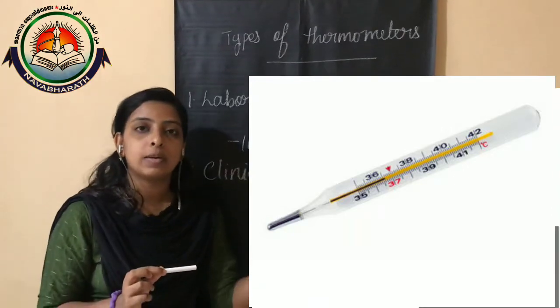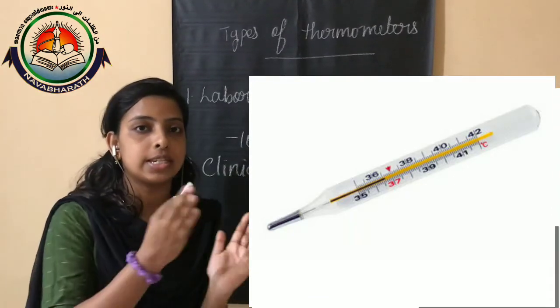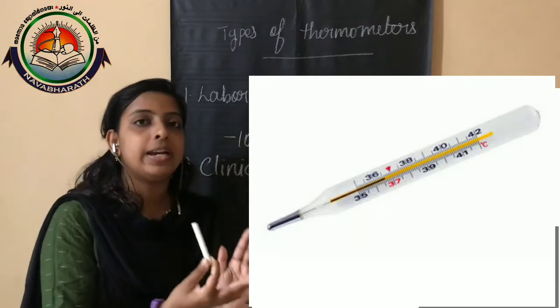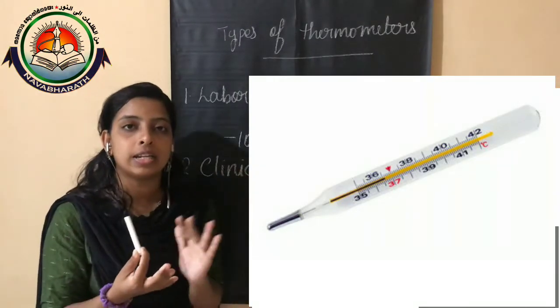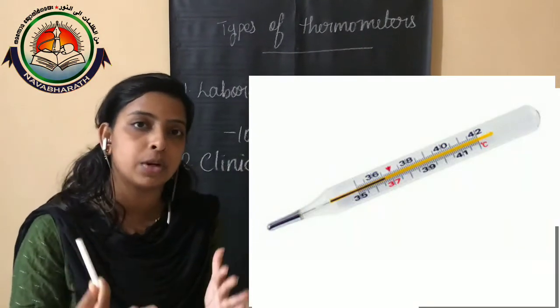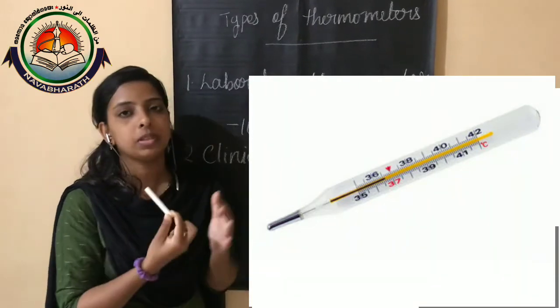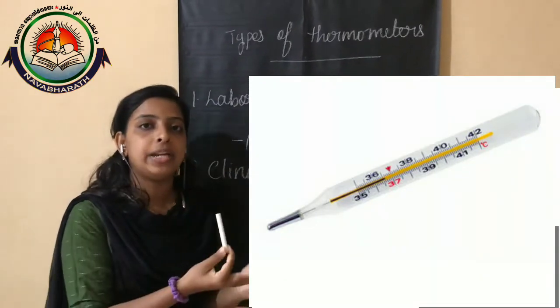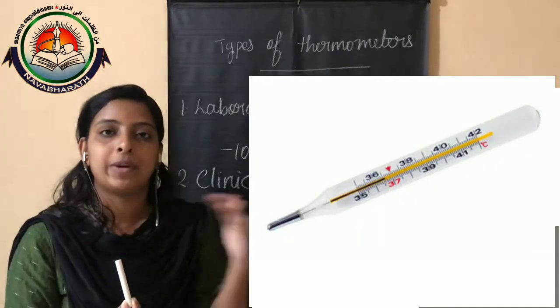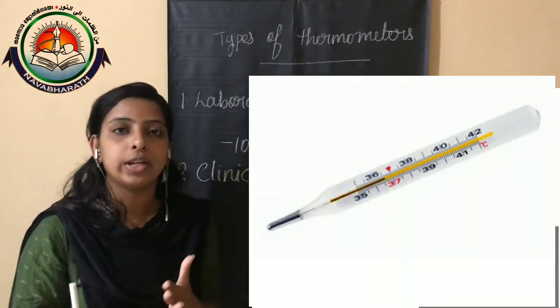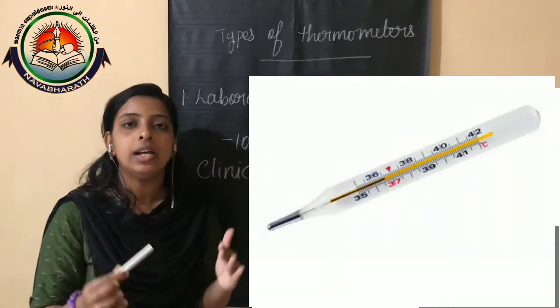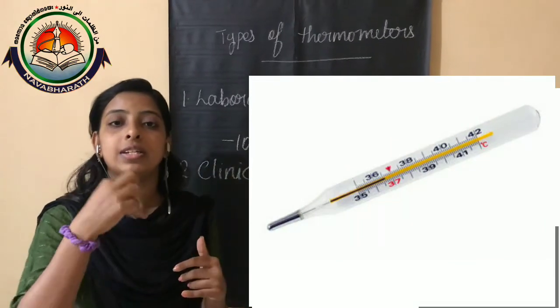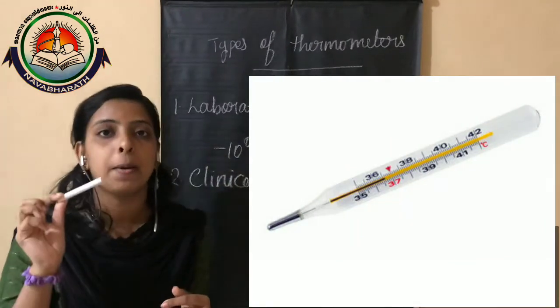In the lower portion you can see some bending. This bending prevents the sudden falling or sudden change in the level of mercury when it is taken out of a person's mouth.